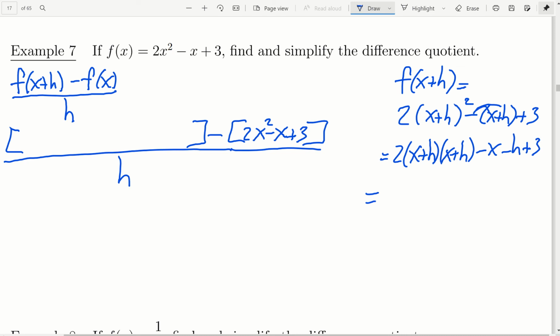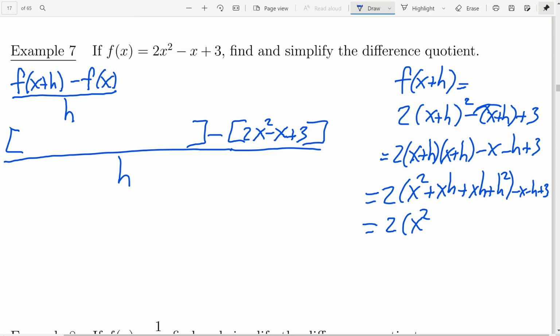Let's go ahead and distribute this out. X times x is x squared. X times h is xh. H times x is another xh term. And then h times h will give us h squared. We can simplify the two middle terms here.